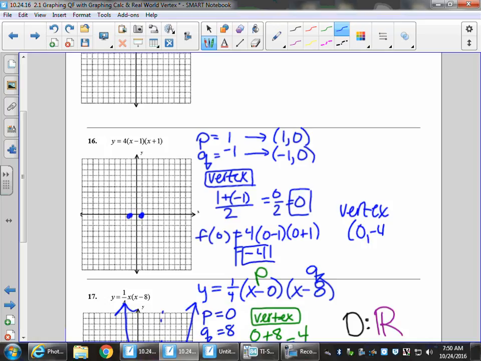Yep. Why is this so skinny? That 4 is much bigger than 1, much more narrow. So intercept form is very straightforward: identify P and Q, take the average to find your x value, plug it in, get your vertex, done.